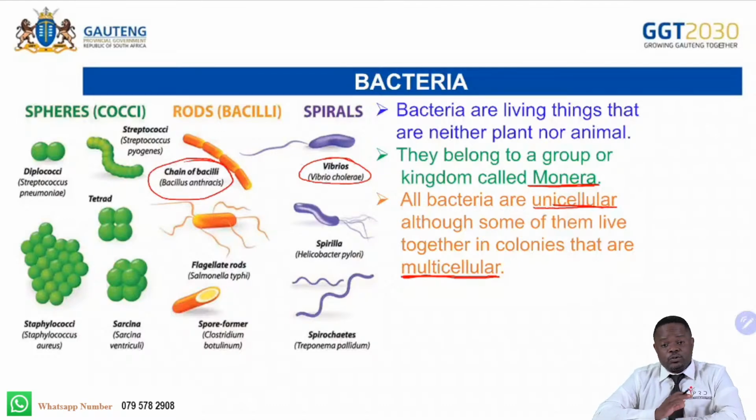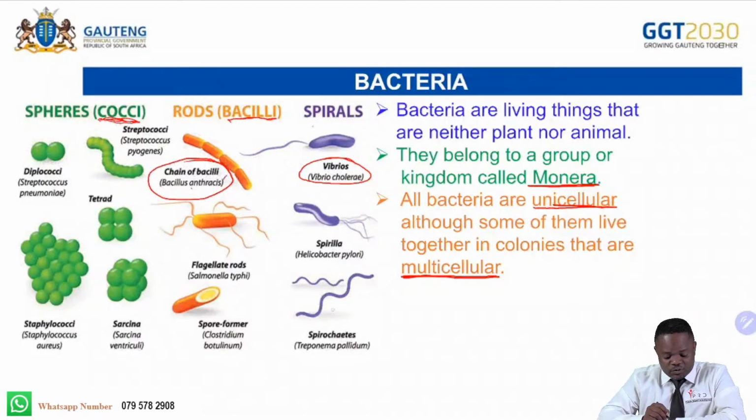And if you take a look at these bacteria, I want you to take note of something. They are actually named with reference to their shapes. You see the ones written cocci there? These are spherical. Then the ones which have a rod-like shape, we refer to them as bacilli, like Bacillus anthracis.